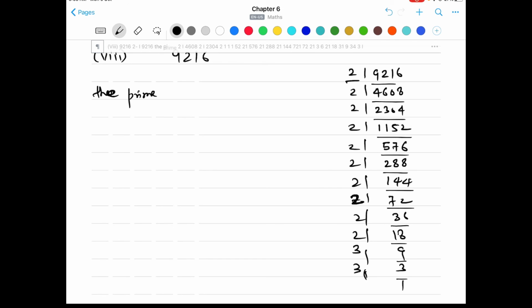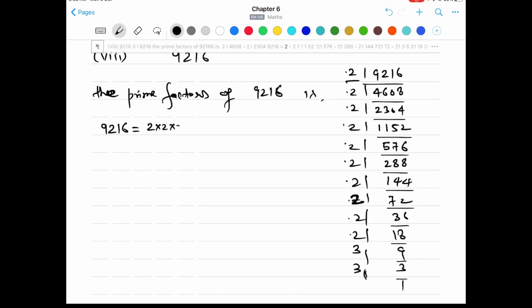The prime factors of 9216 are, so write 9216 equals, let's count, we have 1 2 3 4 5 6 7 8 9 10, 10 times 2 and 2 times 3. So write ten 2s into 3 into 3.